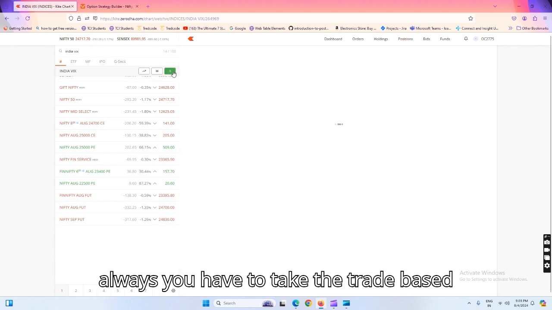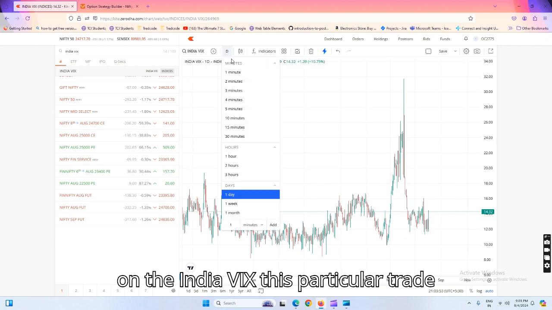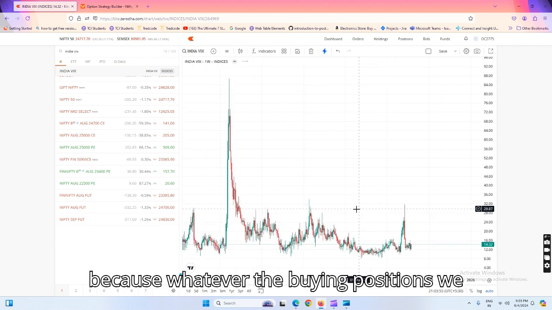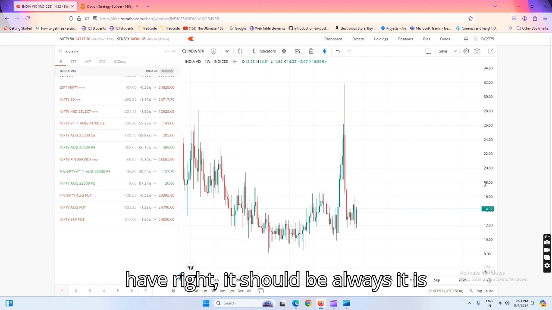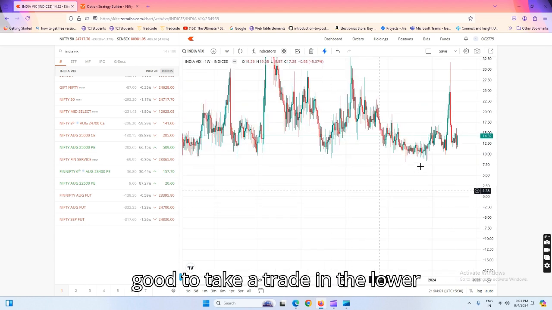You always have to take this particular trade based on the India VIX, because of the buying positions we have; it is good to take the trade at lower risk.